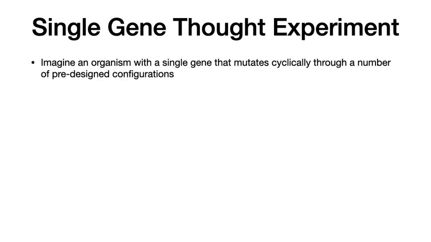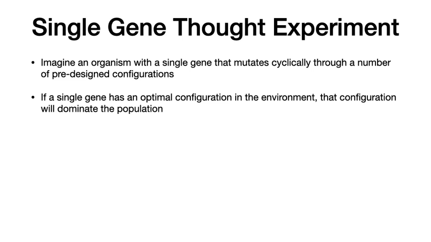Now, if the organism stays in a single environment for a long time, whichever configuration most matches the environment is going to predominate. That's what the fundamental theorem of natural selection says: because it's an exponential growth curve, whichever configuration is most fit will dominate the population.